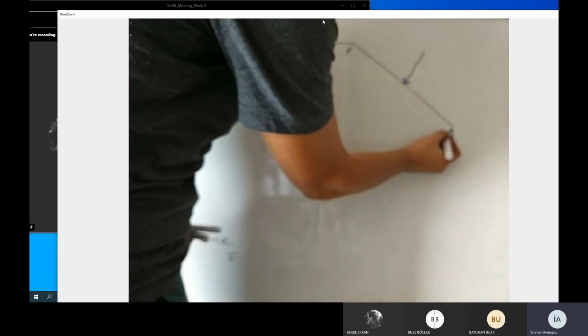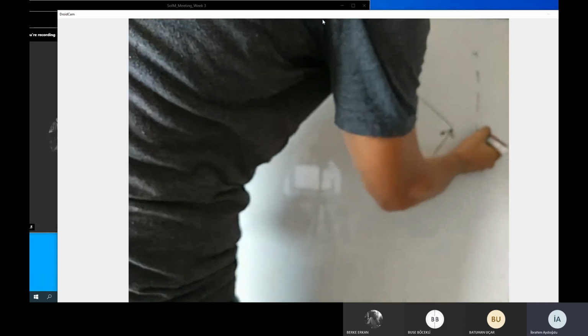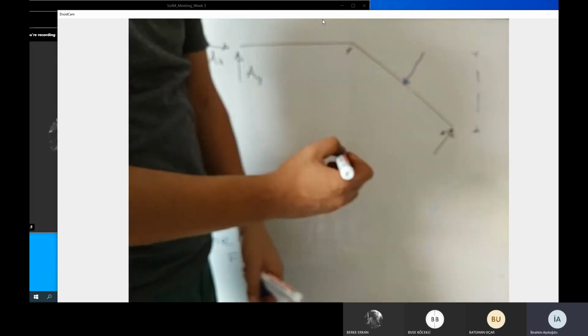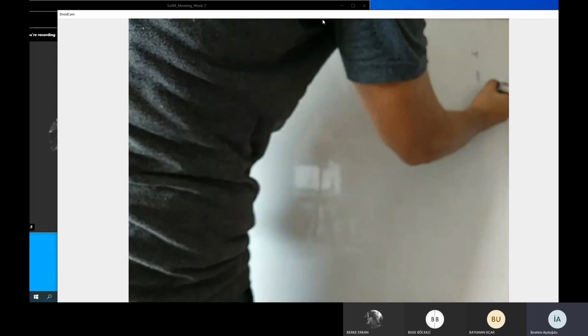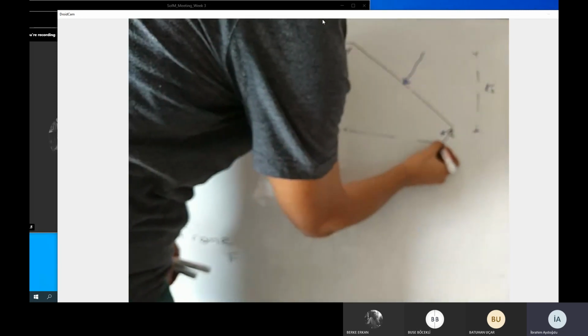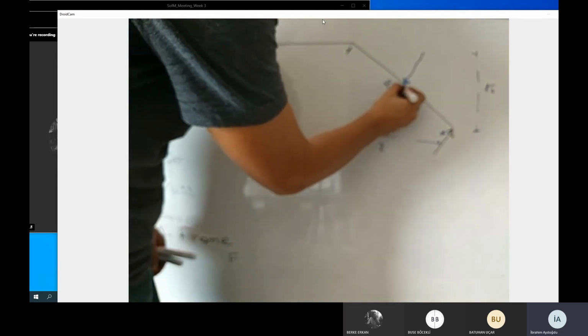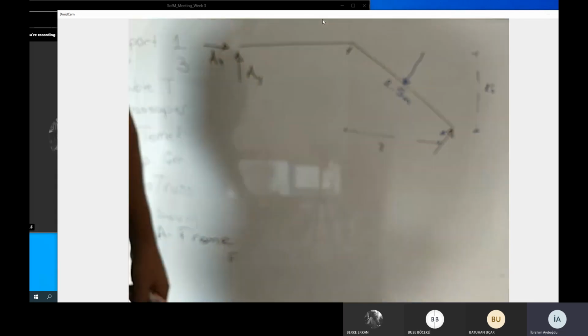We can find the total distance. The vertical distance is given as 1.5. The horizontal distance is equal to 2. Therefore, this distance is equal to 2.5 meters.